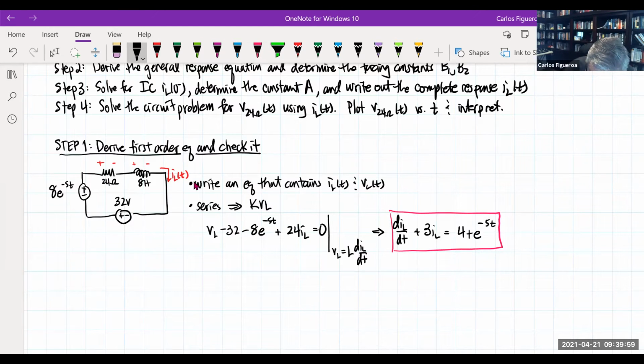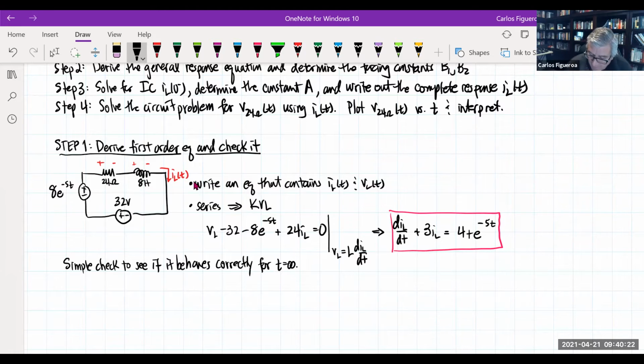Now, the thing that I want to do here is a simple check, to see if it behaves correctly for t equal to infinity. Now look at this source here.